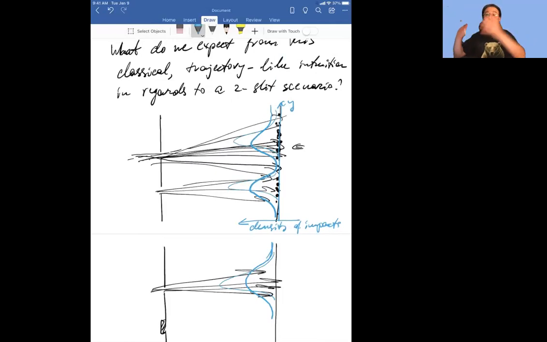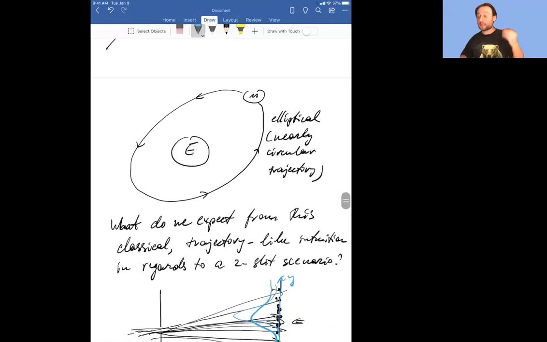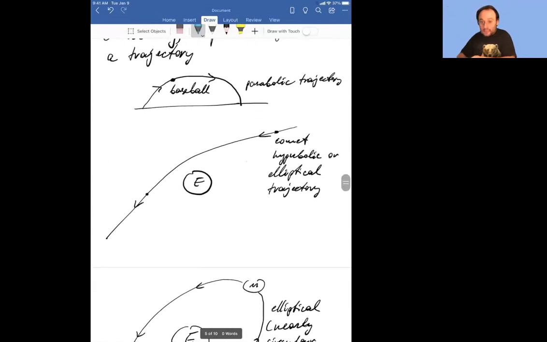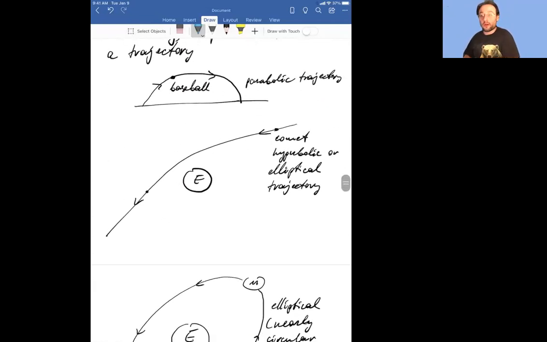Agree? This is very much what we expect from our everyday understanding of what a particle is, from this view of particles as things that follow trajectories. Agree? Okay.